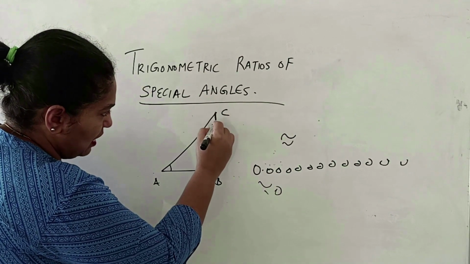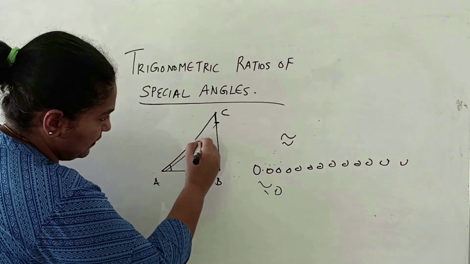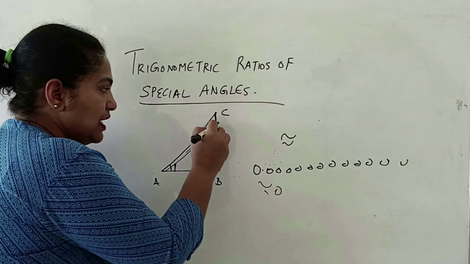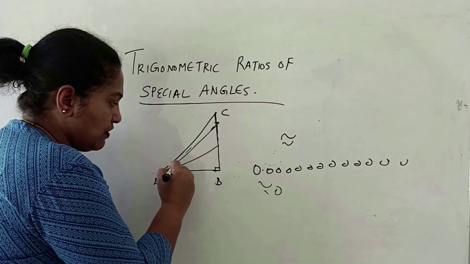If I am bringing the hypotenuse AC down, what happens? The angle reduces. Again, if I bring the hypotenuse down, the angle further reduces.